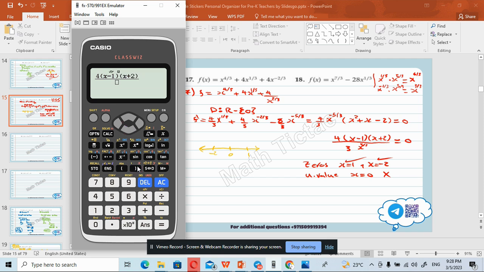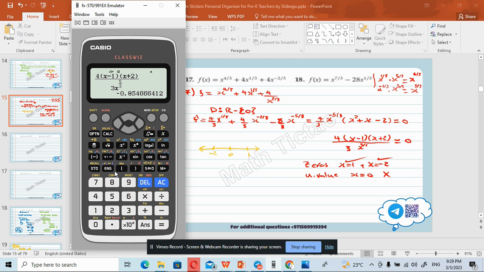Then downward I have a 3 multiplied by x to the power 5 over 3. This is my derivative. Okay, so now let's substitute any value less than minus 2. Let's say I have minus 3. I have a negative first of all.